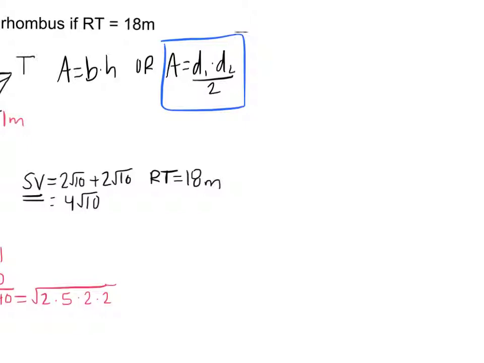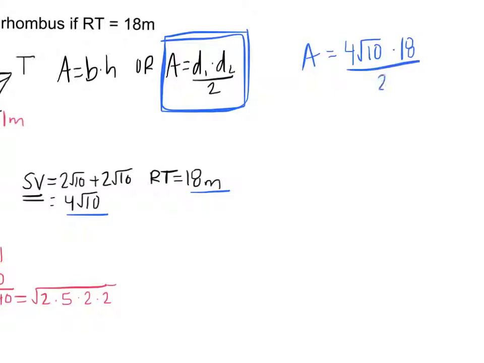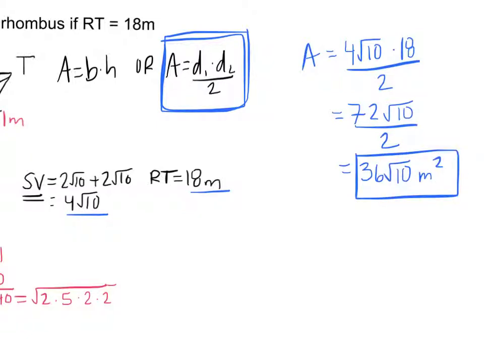Now if I'm going to use this formula right here, and these are my two diagonals, then that means my area is 4 square root 10 times 18 divided by 2. Now 18 times 4 is 72. So that's 72 square root 10 cut in half. Now again, the 72 can be cut in half, so that means my area of my rhombus is 36 square root 10 meters squared. And that's the area of the rhombus.